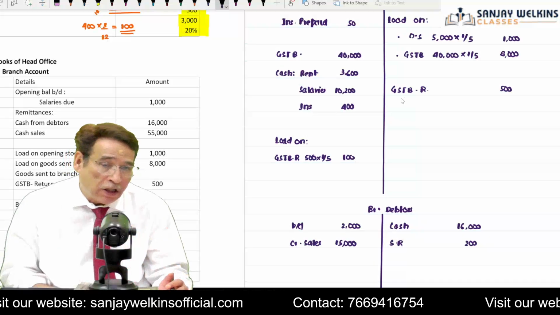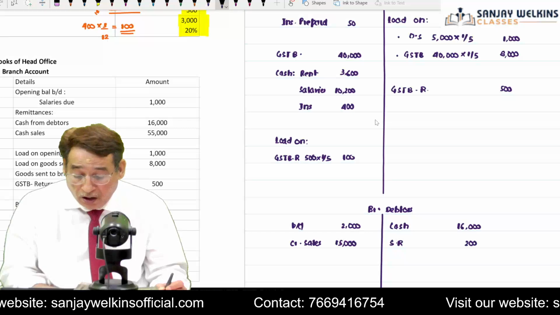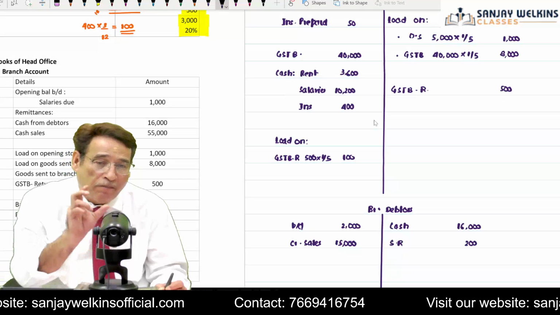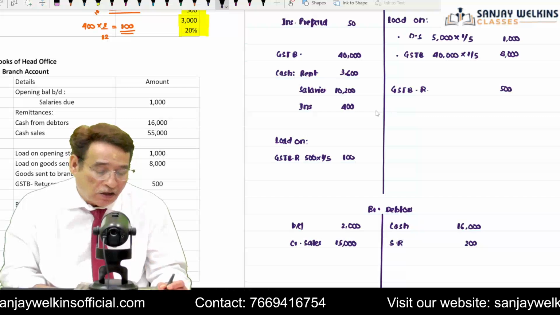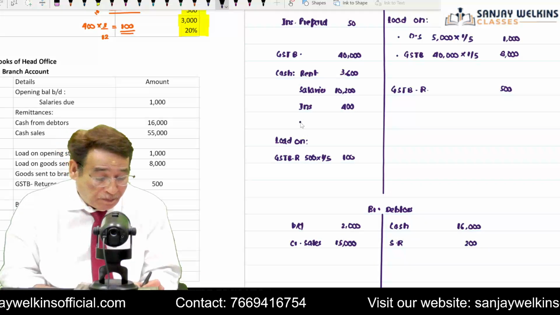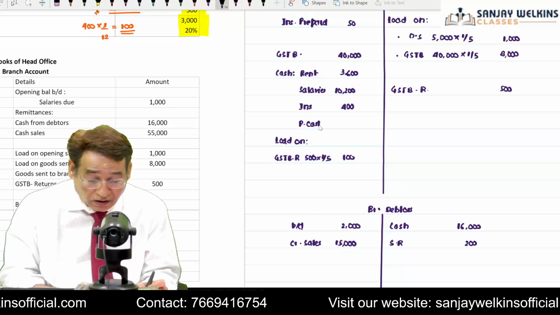However, insurance expense paid by branch is covering a period of June 28. That means some portion, 3 months of June of the next year, you can say so. And then some petty cash is also being sent. That is equal to 600.